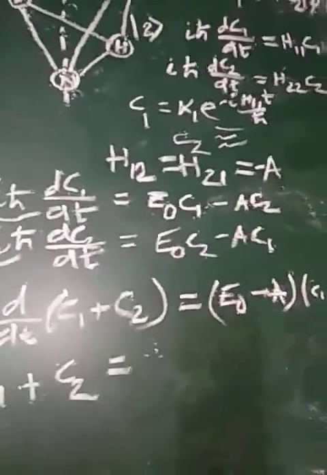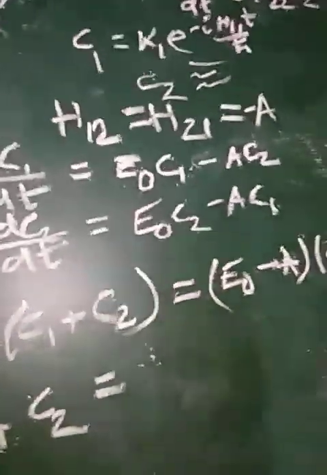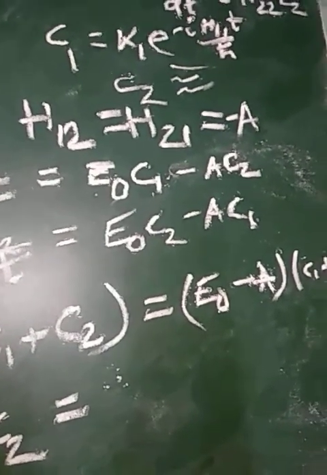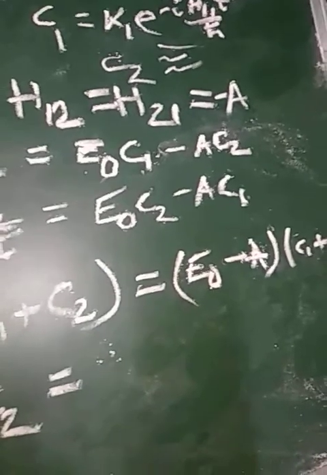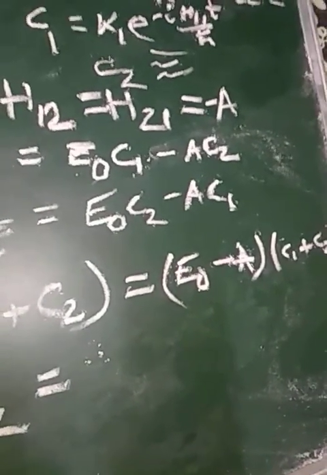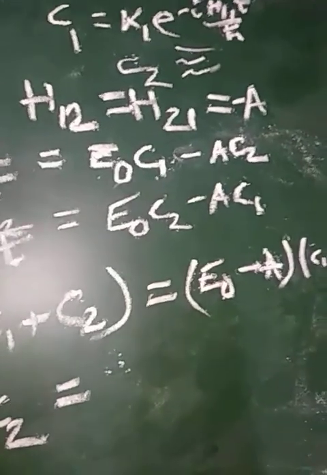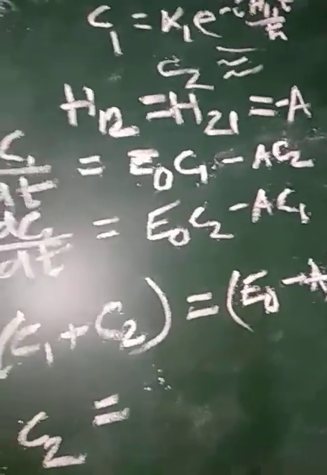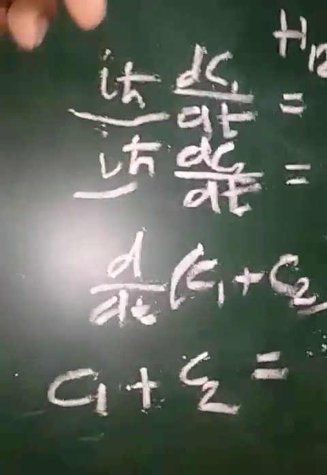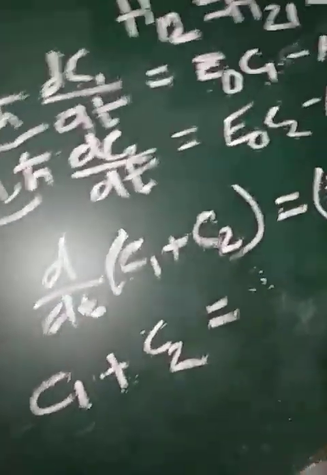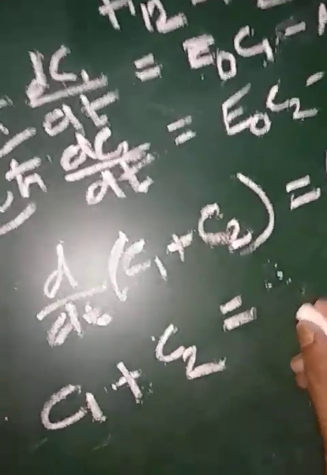So e to the power... C1 plus C2 will be equals to e to the power something, isn't it, x, where x is the variable. Now here t is the variable, so it will be equals to something into e to the power t.